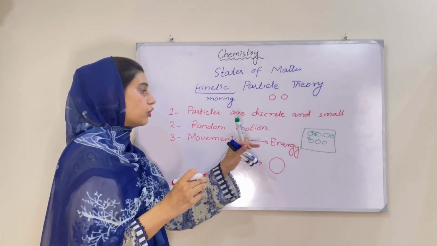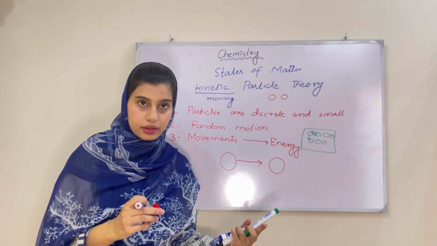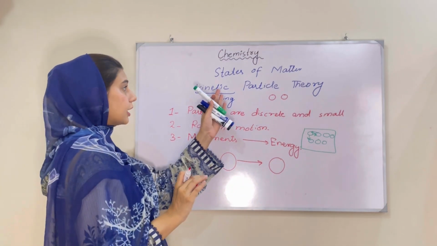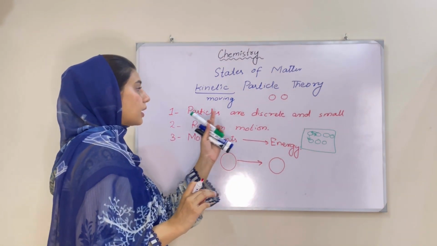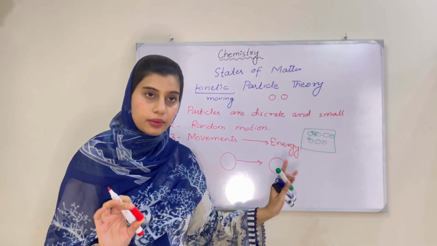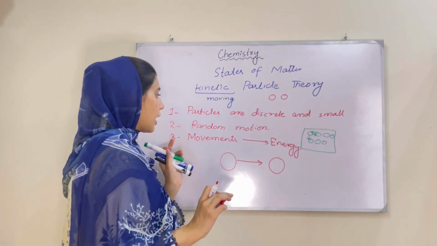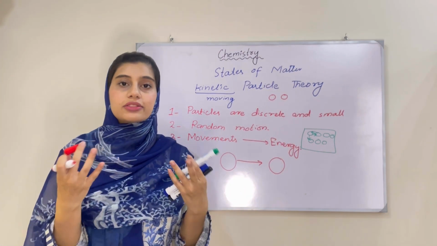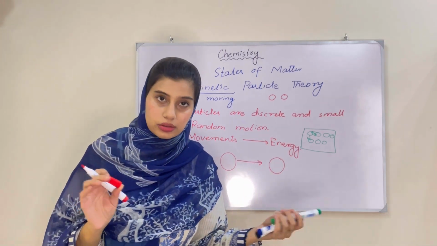So whenever we observe movement, there is exchange of energy in that. Is it clear? Kinetic particle theory was based on these three important points. Particles are discrete and very small. Particles are in random motion, and whenever we observe any movement, there is some exchange of energy.